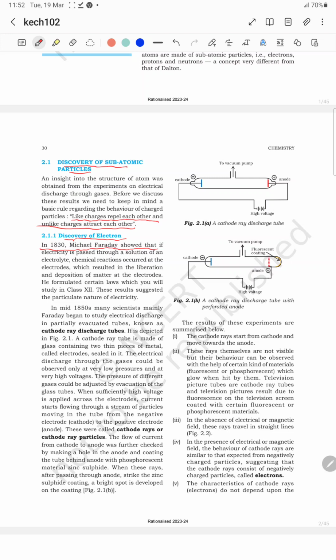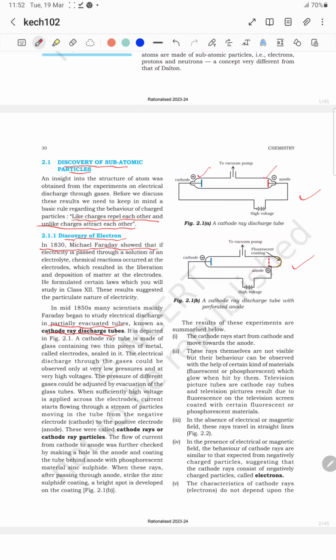In mid-1850s, many scientists, mainly Faraday, began to study electrical discharge in partially evacuated tubes known as cathode ray discharge tubes. So it is depicted as in the figure. A cathode ray tube is made of glass containing two thin pieces of metal called electrodes sealed in it.